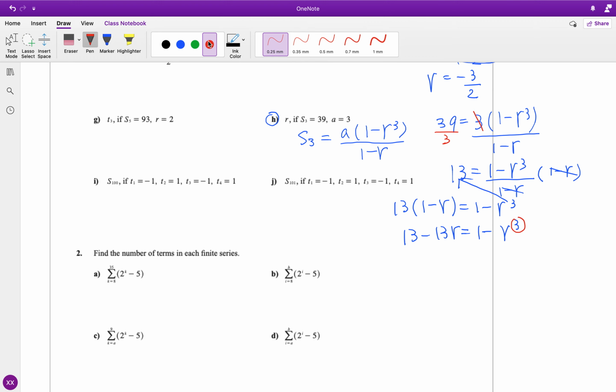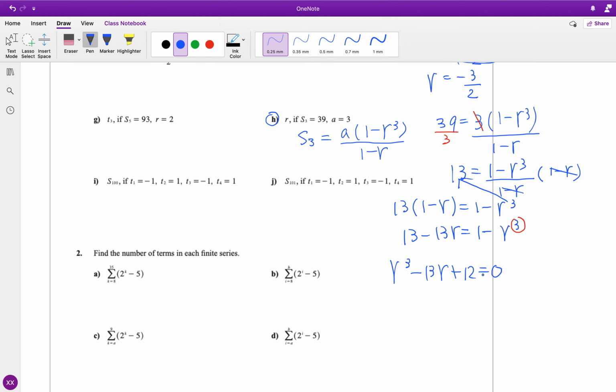So let's reorganize it. Move these two to the other side. That becomes r to the power of 3, subtract 13r, and now 13 subtract 1 means plus 12 equals 0. And use the factor theorem.